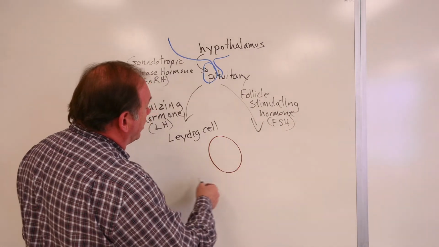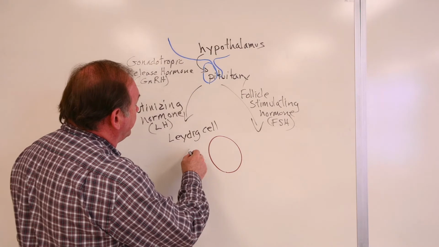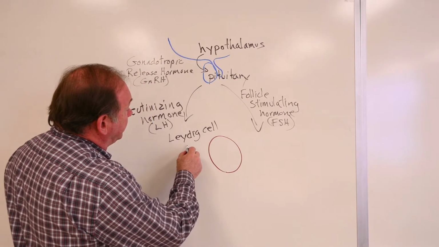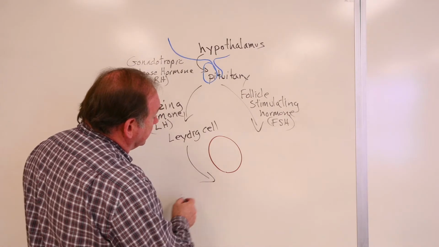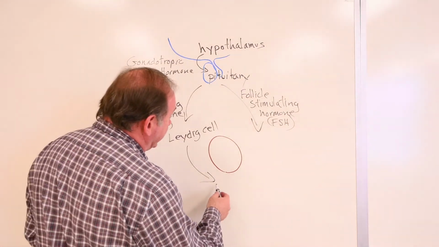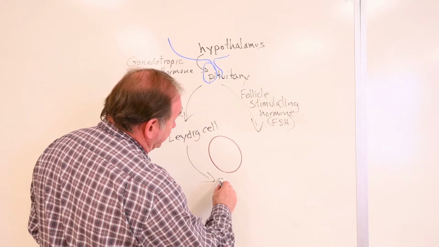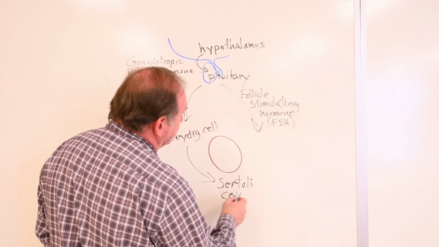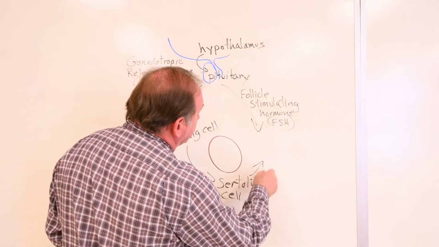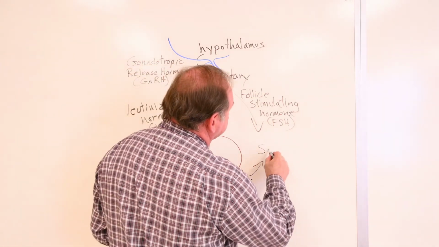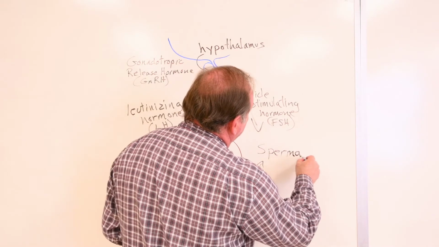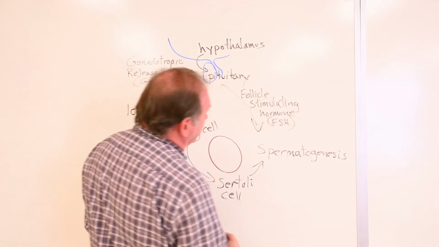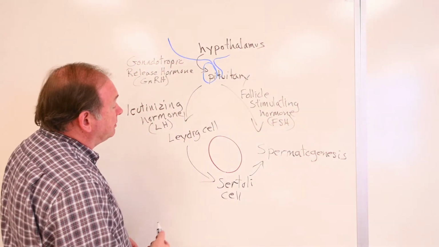Follicle stimulating hormone, along with testosterone produced by the Leydig cell, will affect sperm development. But the Leydig cell is relayed through the Sertoli cell to affect spermatogenesis.